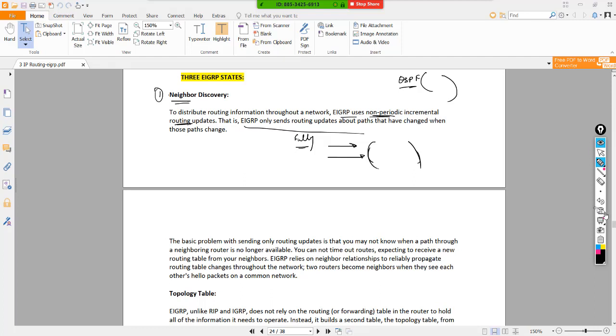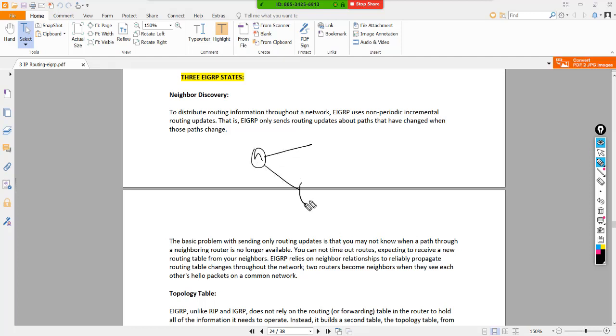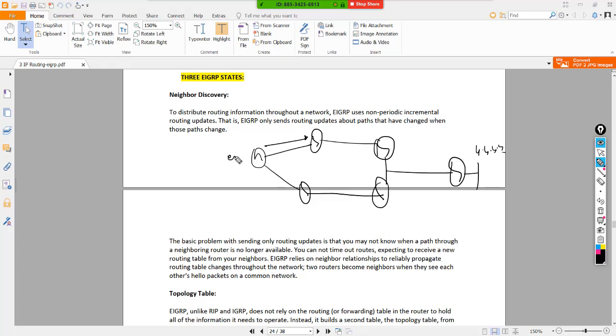The basic problem with sending only routing updates is that you may not know when a path through a neighboring router is no longer available. Let's say I have multiple routers going to a destination, which is 4.4.4.4, and by default my EIGRP has considered this path to send the routing table.